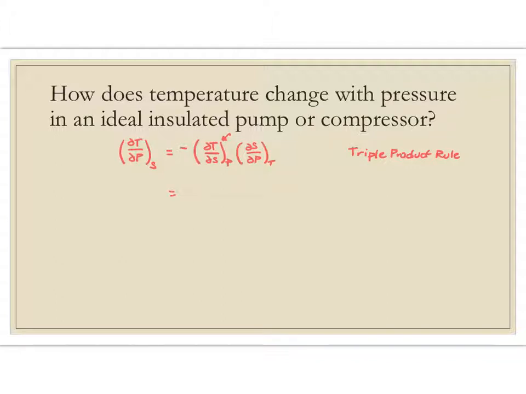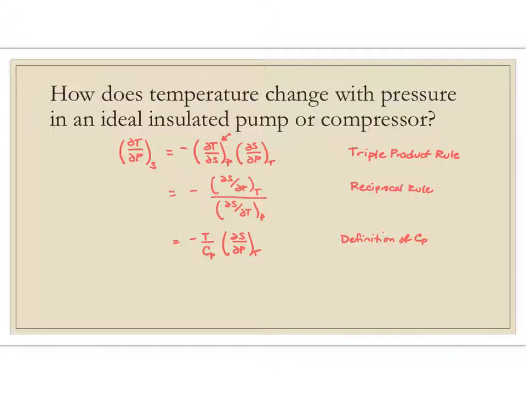So therefore, this would be dS/dP at constant temperature over dS/dT at constant pressure. dS/dT at constant pressure, perhaps you recognize as being from the definition of Cp. So therefore, I can say that this is T over Cp, because it's in the denominator, times this negative dS/dP at constant temperature.